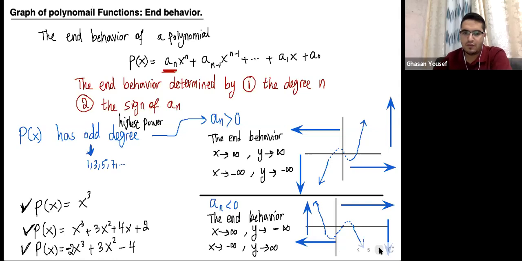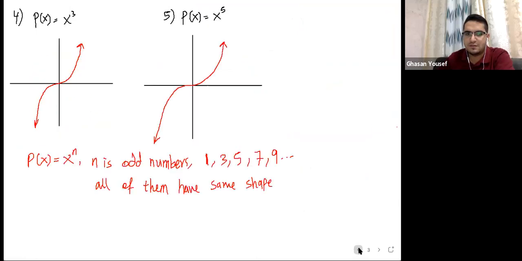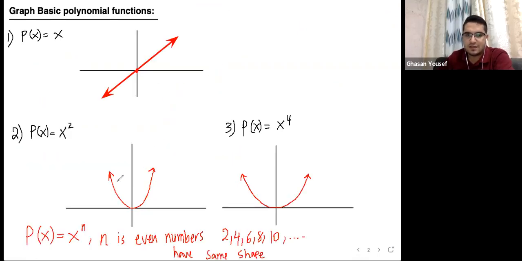Now for the second one, if you need an example, P of x equal x squared. This is the basic one, and I know how to graph x squared. It looks like this.